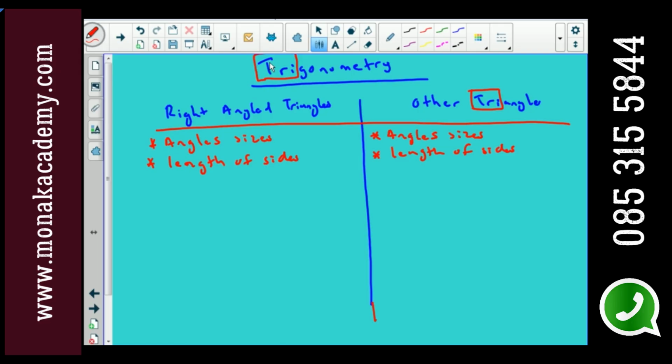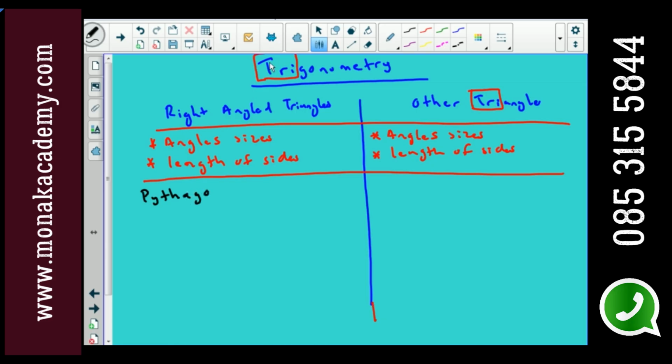All right. So now, how do you do that? How do you calculate the angles and length of sides? You do that by applying on the right angle triangles. There are two ways that you can use to calculate these two things. So we have what is called the Pythagoras theorem. I'm sure it's not your first time to hear this.